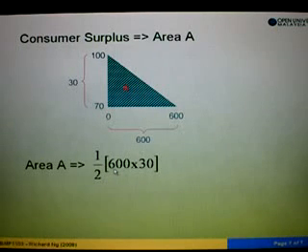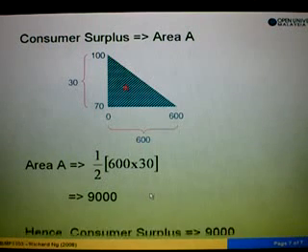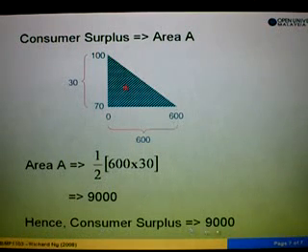The base is 600 times the height 30. Here 600 times 30 is 18,000, divided by 2, so we get 9,000. Therefore, the consumer surplus is equal to 9,000.